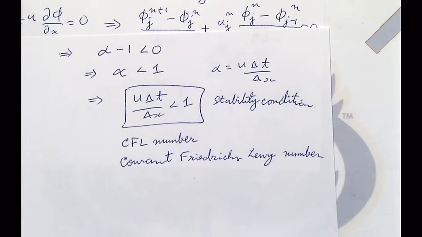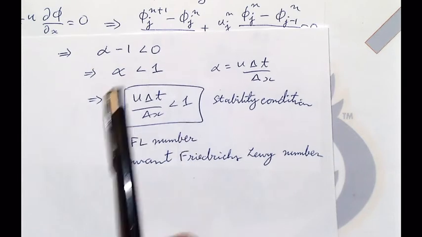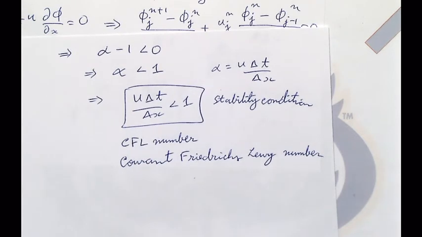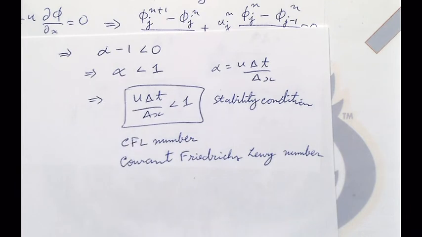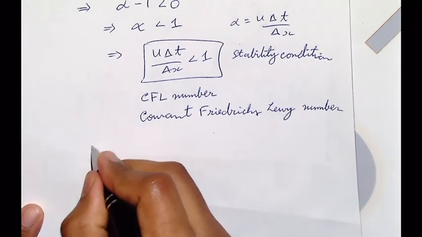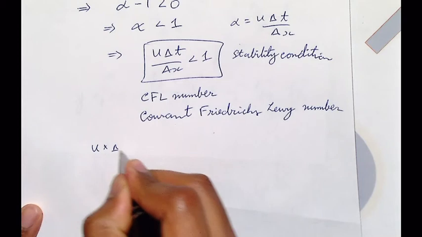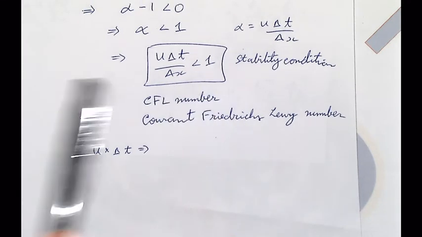Now, one more thing is, you can logically think about what this condition means. Again, U is carrying information about what happens to my phi. What does the top represent? U times delta t. And delta x is my grid size, right?